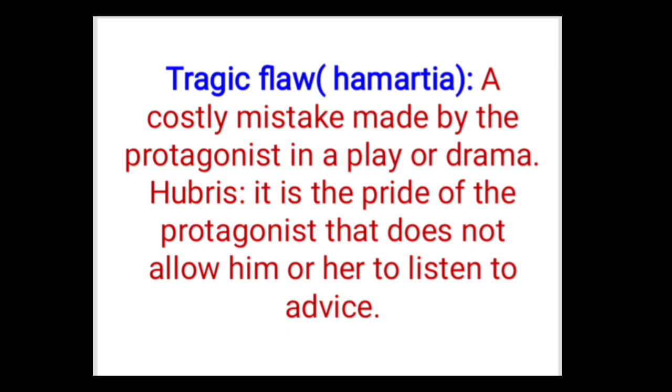That's Ajanaku's hamartia. Then tragic flaw is divided into two: hamartia and hubris. Hamartia is either the weakness or the mistake of the protagonist, while hubris is the pride. Hubris is specifically the pride of the protagonist.